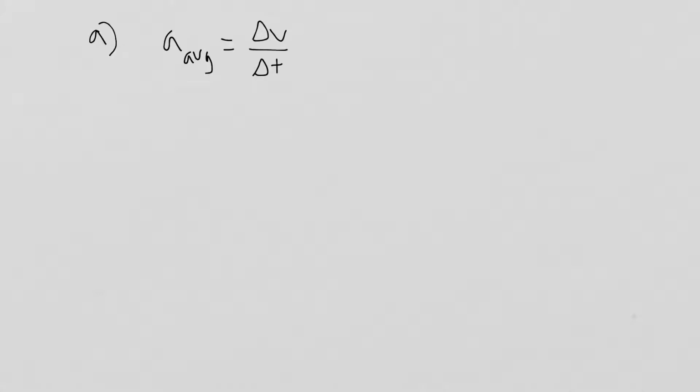And all we really care about is that time interval from 0.33 to 0.37 seconds, that 0.04 second range. And I can get that velocity before and after just by looking at the graph. So delta v is v final minus v initial. If I look at the velocity at 0.37 seconds, I would read a number that looks something like negative 0.18 meters per second.